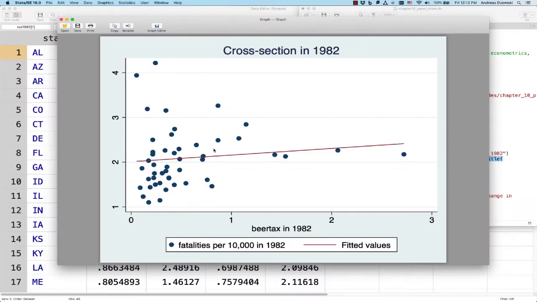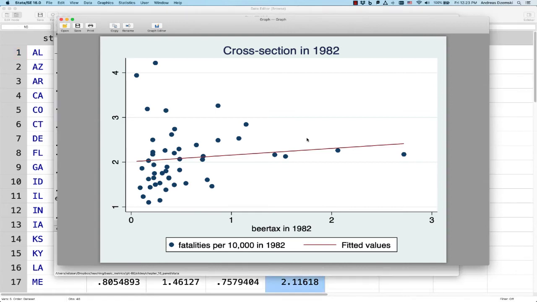And it could be that there is no causal effect of a beer tax on fatalities, and that instead we see the positive correlation because states that are more likely to implement a beer tax also just have intrinsically higher road fatalities. In our panel setting, we can model the total effect of all state characteristics that don't change over time by a fixed effect.